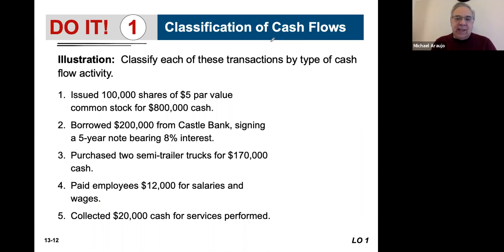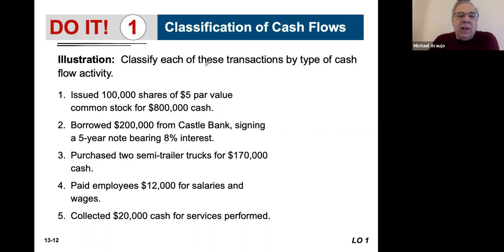Operating activities are overwhelmingly income statement based, so overwhelmingly revenue and expense based. Investing activities are almost always related to your assets. And your financing activities are mostly related to your liabilities and stockholders' equity.